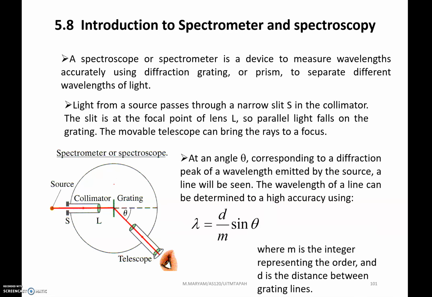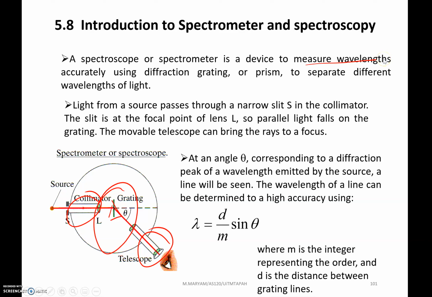So how does the spectrometer look like? A spectrometer has a telescope, where you view the light passing through, and we have the collimator, which is where the light source comes in. There's a platform here where you can put a prism or any other medium where the light can pass through. From there they can measure the wavelength using calculation, and they will take the angles of refraction or reflection of light. That's how the spectrometer and spectroscopy work.